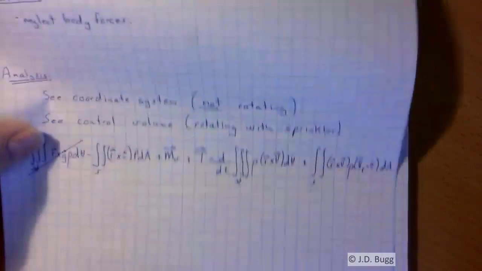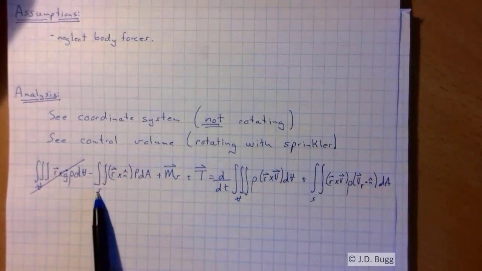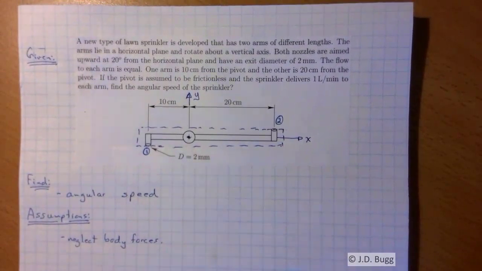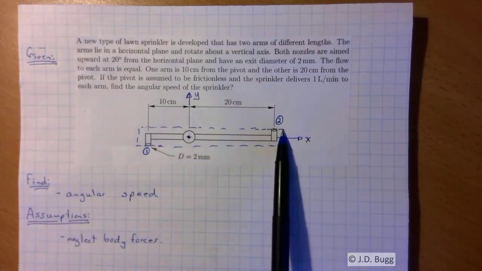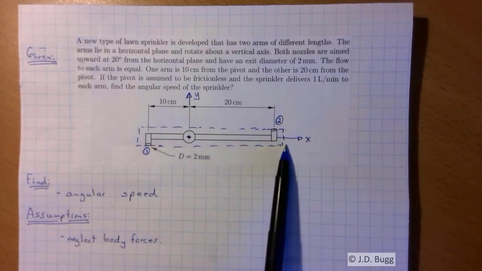Next is the torque due to pressure forces. And again, pressure forces on the control surface. So again, we go back to our diagram always, and we look at the control volume that we've identified. And this is why drawing that control volume is so critical to these problems. And we ask ourselves, what is the pressure on this control surface? Well, the pressure everywhere on this control surface is atmospheric.